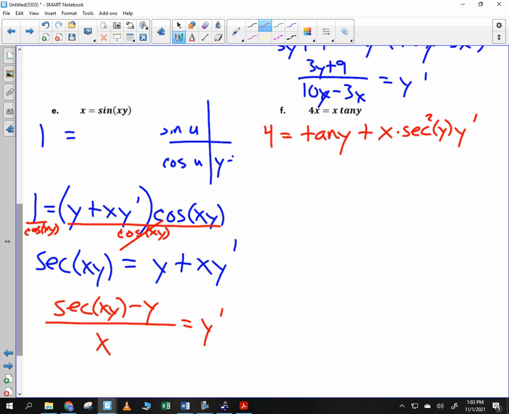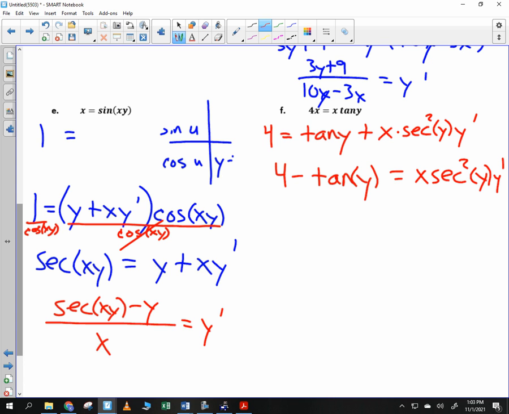Always make sure when you take the derivative of something that has a y, you attach a y prime. What are we trying to solve for? How will we solve for y prime? We will subtract tangent. So 4 minus tangent of y is equal to x secant squared of y, y prime.